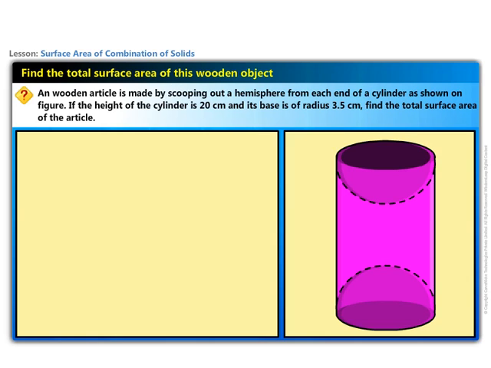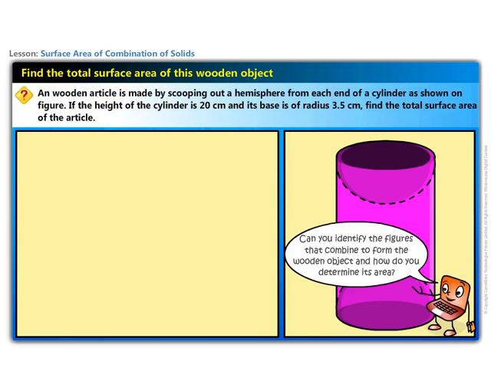Now, let us find the total surface area of the wooden object. A wooden article is made by scooping out a hemisphere from each end of a cylinder as shown in the figure. If the height of the cylinder is 20 centimeters and its base is of radius 3.5 centimeters, find the total surface area of the article.